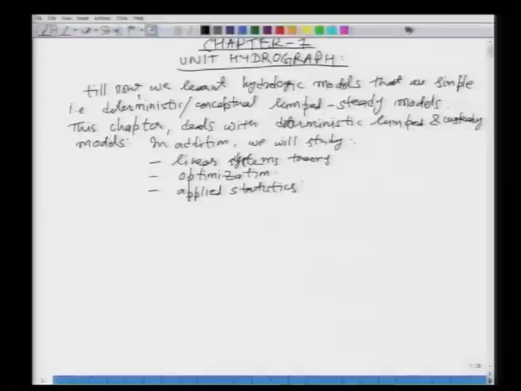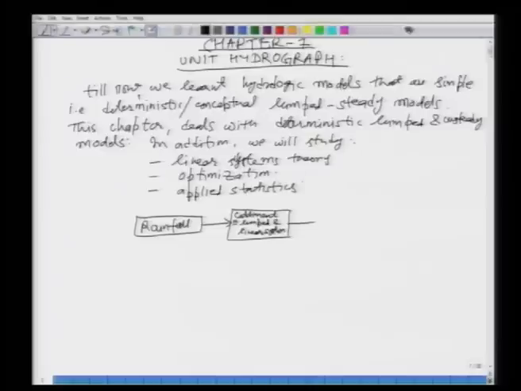We had seen earlier that you have some input, which is rainfall, that goes into your physical system, which is the catchment in this case, which we say is equivalent to a lumped and linear system in the case of unit hydrograph.